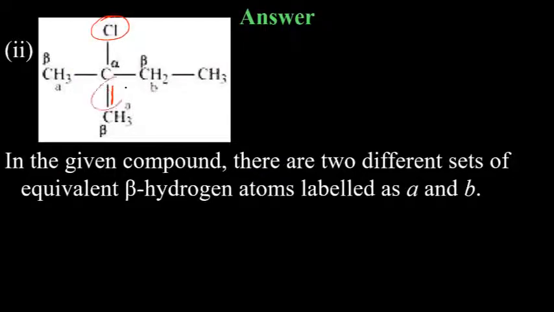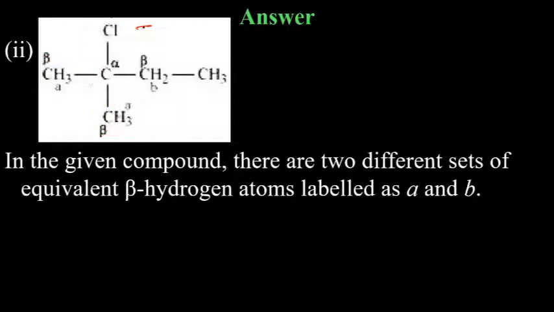This carbon has one chlorine, one methyl group with a single bond, and one CH2 with a double bond. In the other case also, one chlorine, one methyl group with a single bond, one CH2 with a double bond. So it is the same product. This is one possibility.